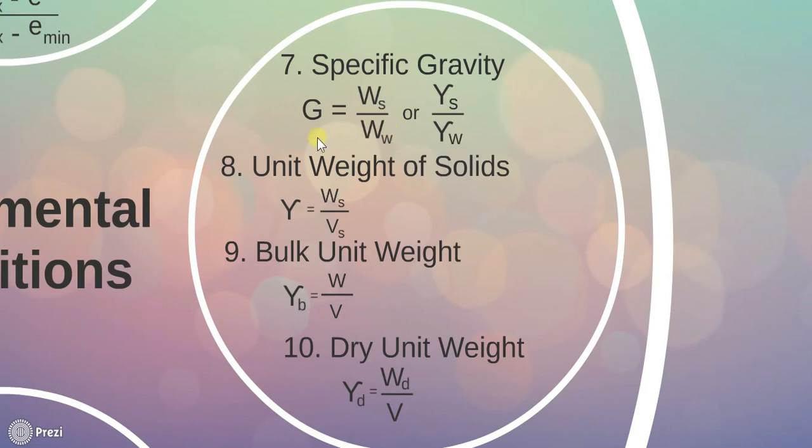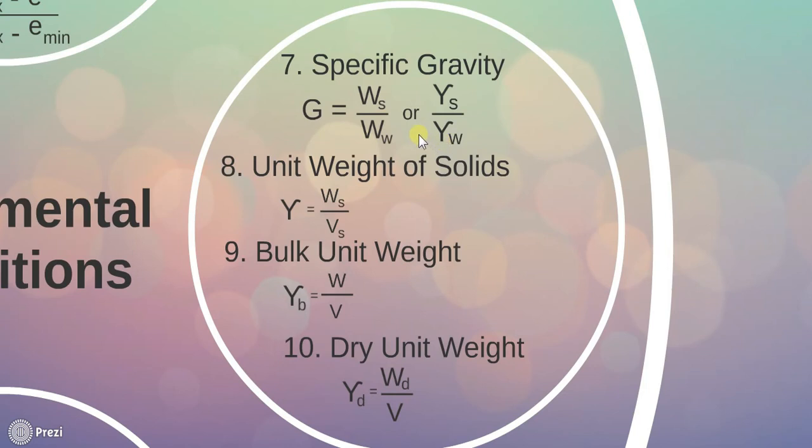So we can write capital G, specific gravity, is equal to Ws upon Ww, in which the water we are taking should be distilled, and solids and water both should be of the same volume. We can also divide both by volume and write gamma s by gamma w.